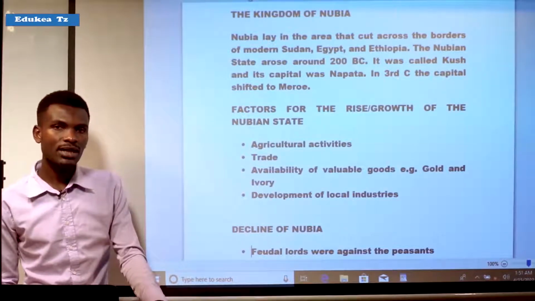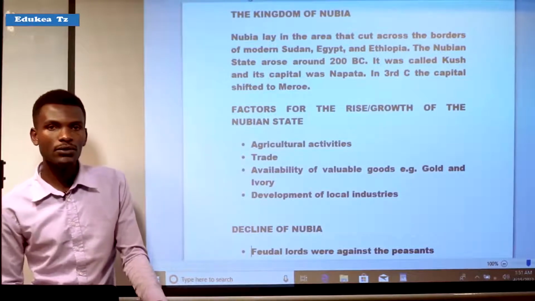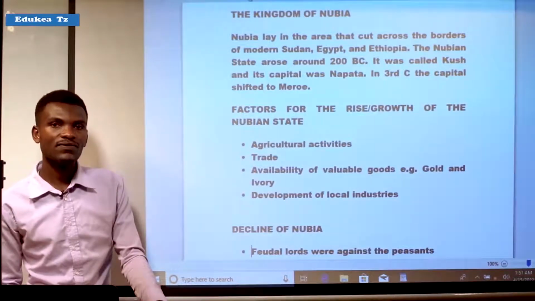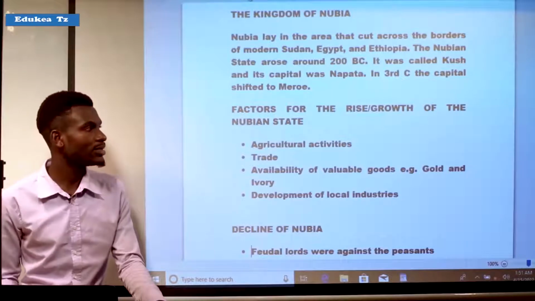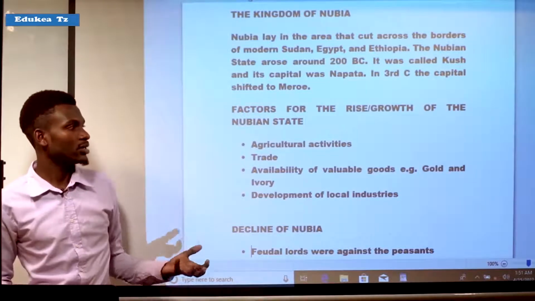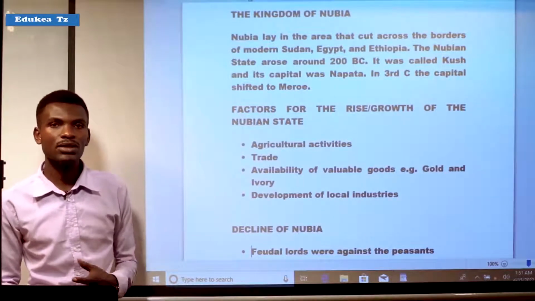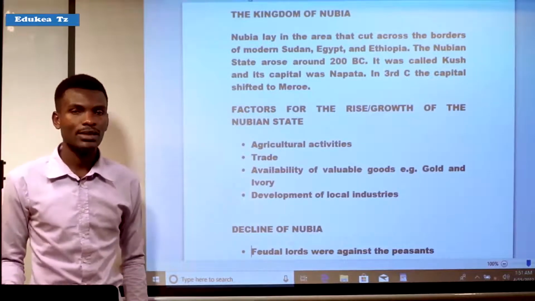The people of that area were encouraged by their leader to produce high food crops to make a surplus for the population, which kept increasing from time to time, and that led to the growth of the Nubian state.